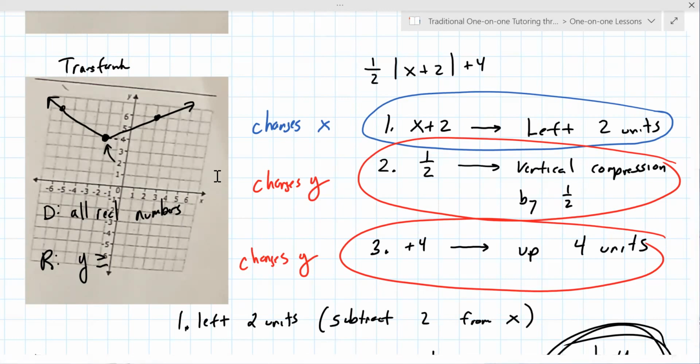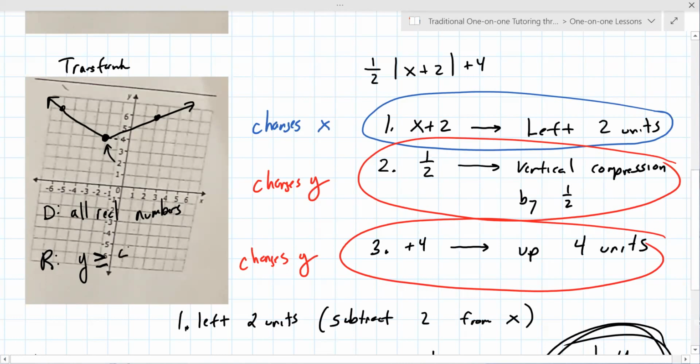Is that greater than or less than? It's a greater than. The y value there, how high up is it? How far up do you have to go to get to it? 4.